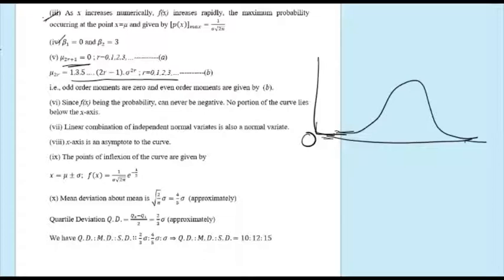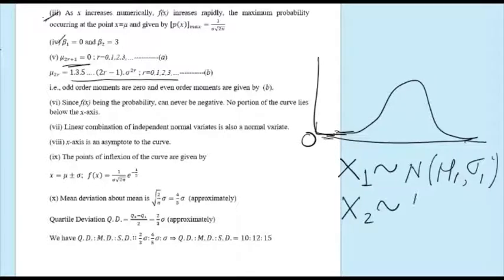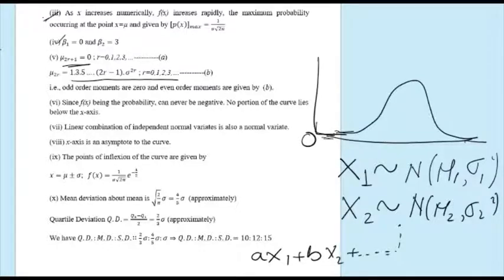A linear combination of independent normal variates is also a normal variate. Suppose we have a variable x1 that follows a normal distribution with mean mu1 and variance sigma1 square, and another variable x2 which also follows a normal distribution with mean mu2 and variance sigma2 square, and so on. The linear combination is a times x1 plus b times x2 plus etc. We may have more than two normal variables.